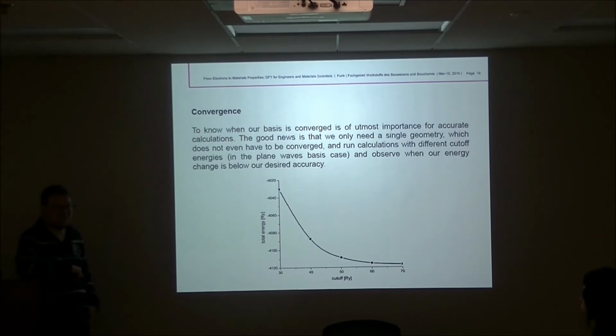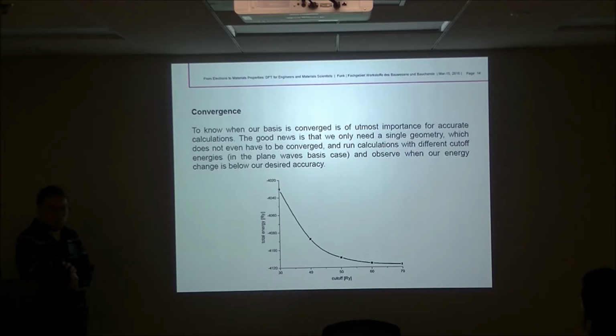But your energy is not, because your basis is not converged. It is only accurate within the basis. Any kind of SCF, be it DFT, be it Hartree-Fock, is just as accurate as your basis allows it to be.